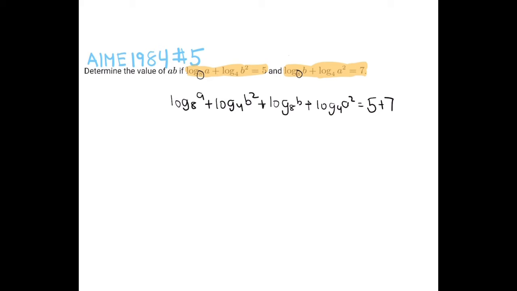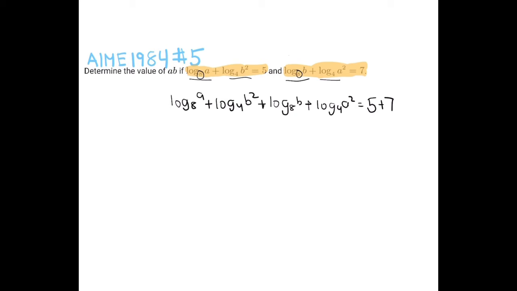As you can see here, I added up the two equations, so all of this and this equals 12. I added them up because having the same base for log a and log b would be easier to work with.